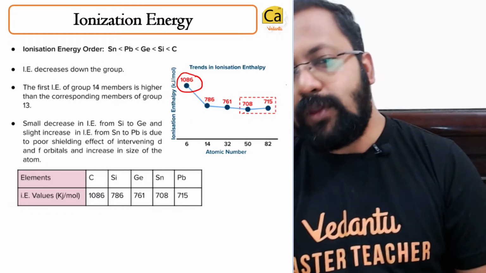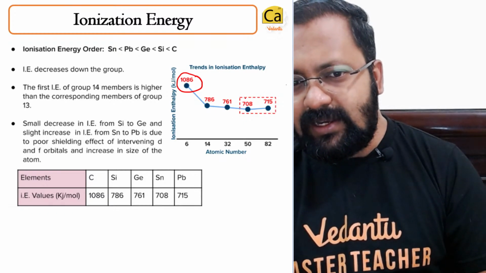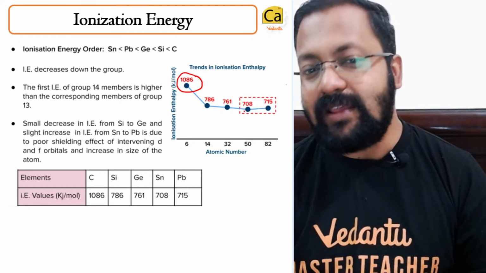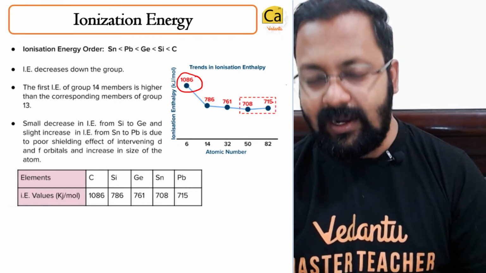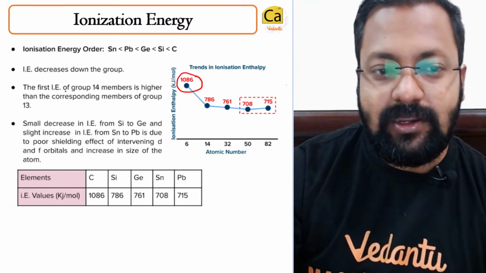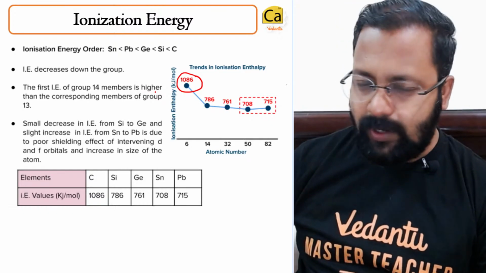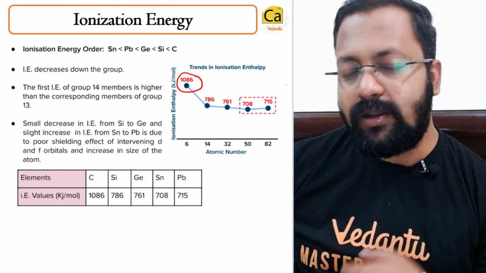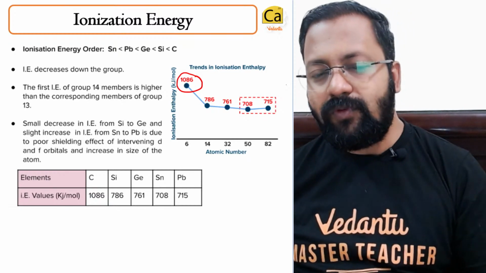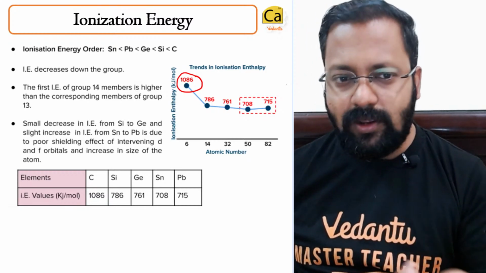However, you can see that when we take tin and lead, then tin has in fact lesser ionization energy than lead. So lead में थोड़ा सा increase कर जाता है. So first ionization energy of group members is higher than the corresponding of group 13. That is quite obvious, because you are removing an electron from a smaller atom.